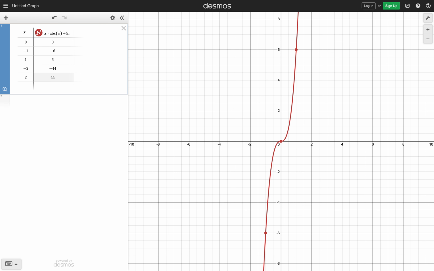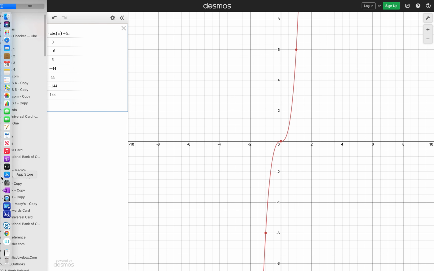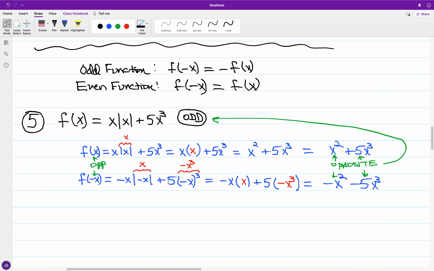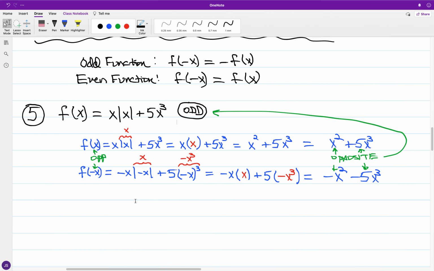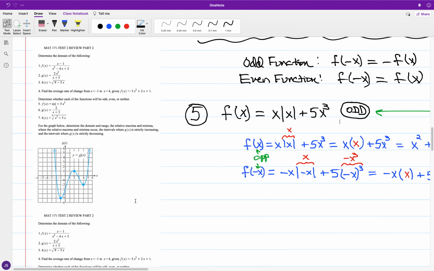For the next input, let's say -3, you got -144. If the function is odd and I put in 3, I'm expecting a positive 144, which I'm going to get. So opposite sign inputs lead to opposite sign outputs. Now, I have an odd function in the case of number 5.